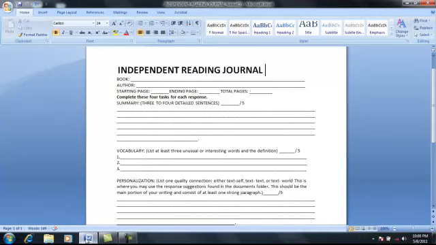So in other words, the definition that you write in this journal entry must be the definition in your own words after you've looked up the word in a dictionary at your house or a dictionary online. The maximum amount of points that you can receive for this section is 5.